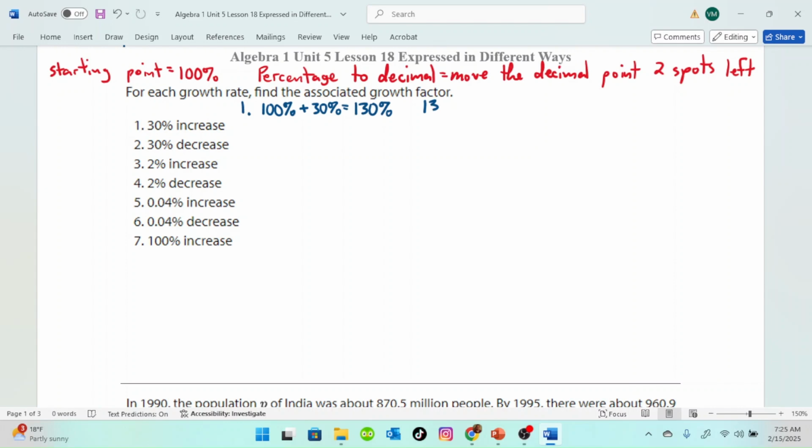So we're going to take 130. The decimal point would be right here. We're going to move that 2 spots to the left, and this becomes 1.30. So that is the growth factor. You would multiply each time by 1.3.